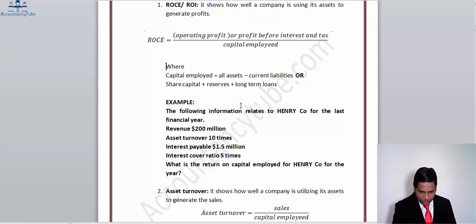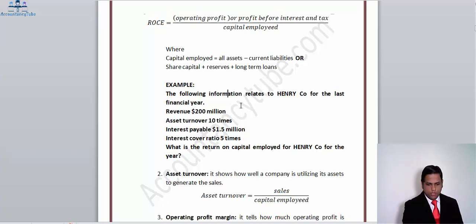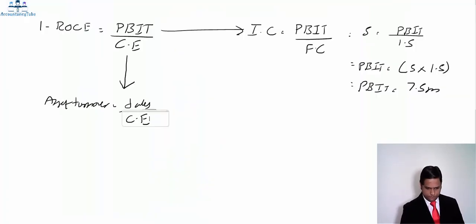Apparently the formula is just beneath it. It's sales divided by capital employed, and we are looking for capital employed. Now we need an asset turnover and sales figure. We already know the revenue is 200 million and the asset turnover is 10 times. So we have got our required data.